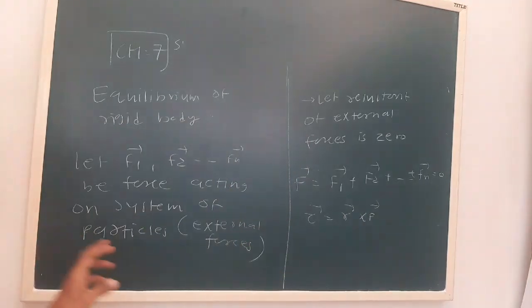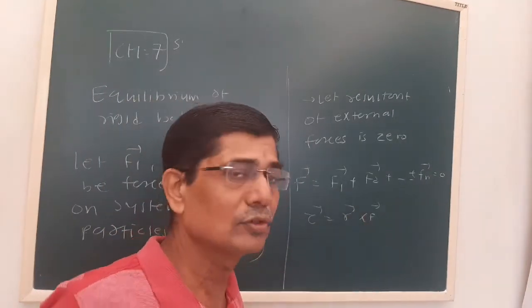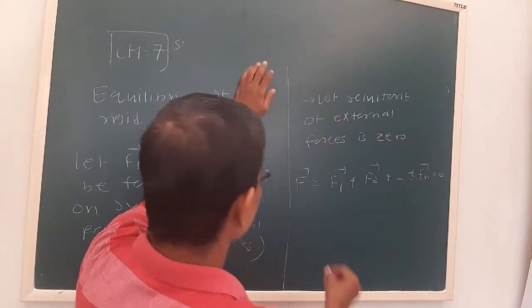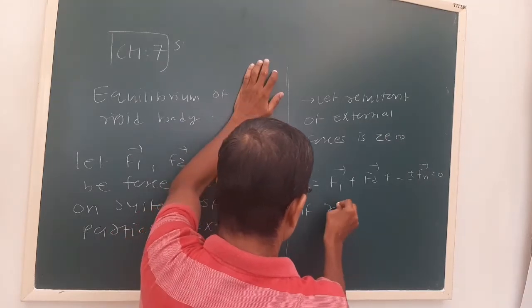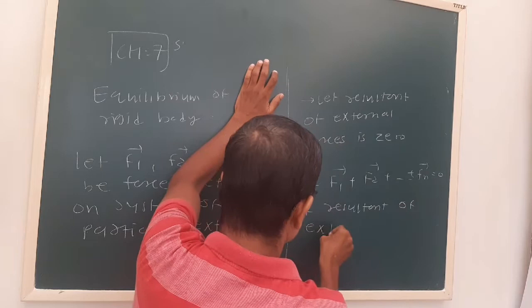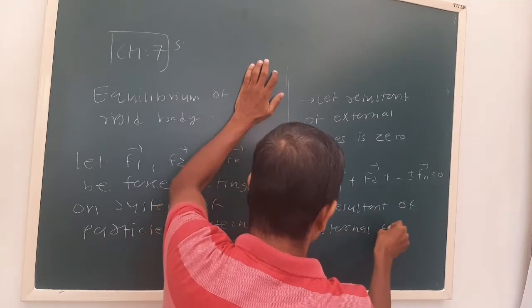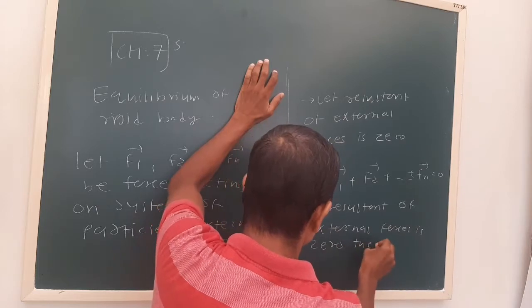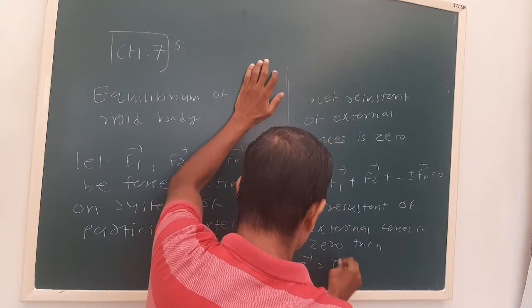Okay, but see, if the external force is 0, then the torque acting on it will also be 0. So if the resultant of external forces is 0, then torque will be 0.